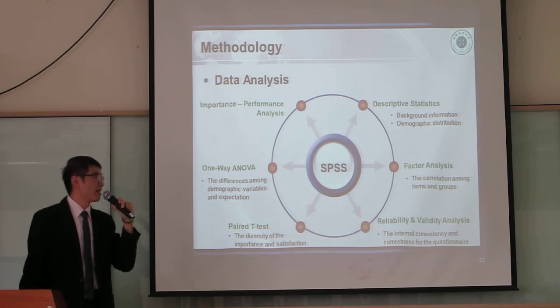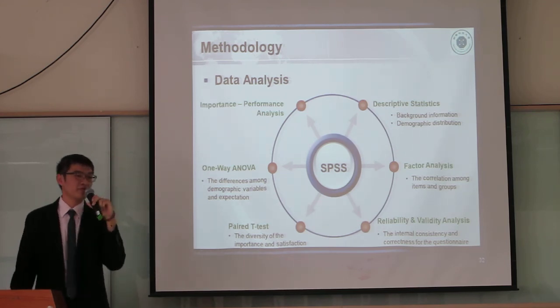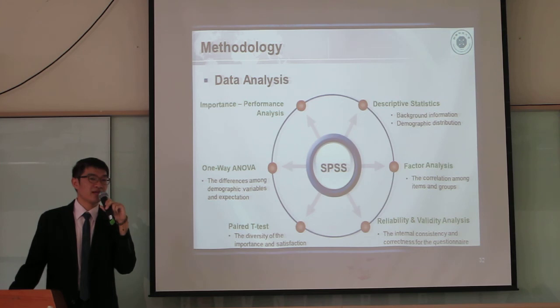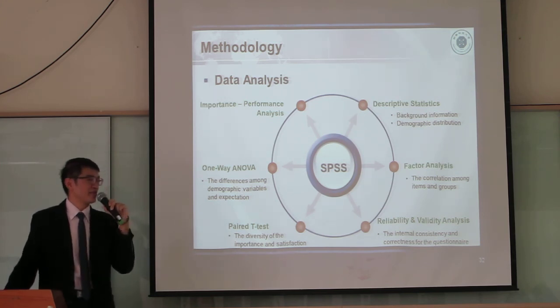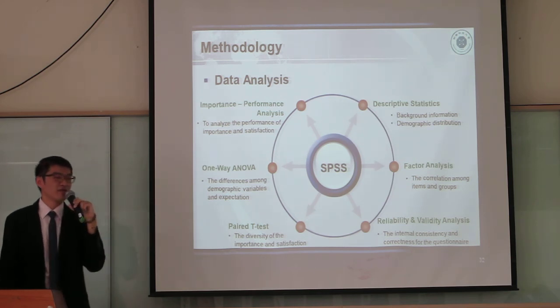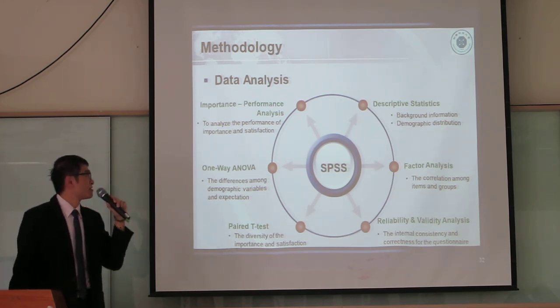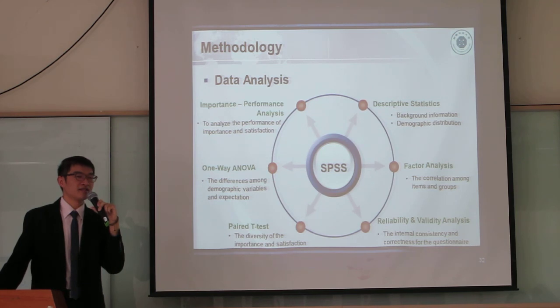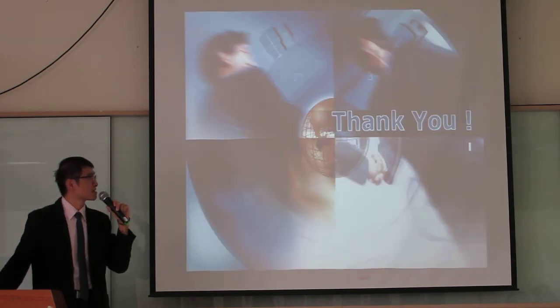And the one-way ANOVA, we want to know the differences among the demographic variables and the expectation. The sixth, IPA, is to analyze the performance of the importance and the satisfaction. Thank you.